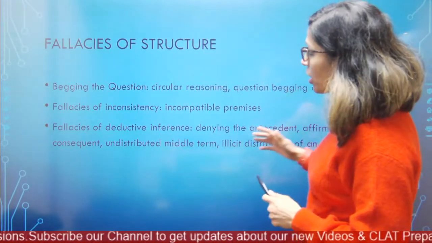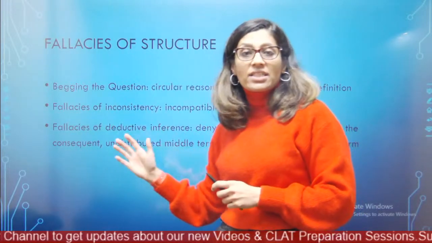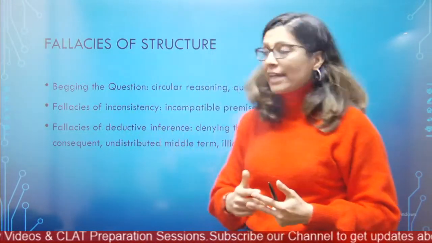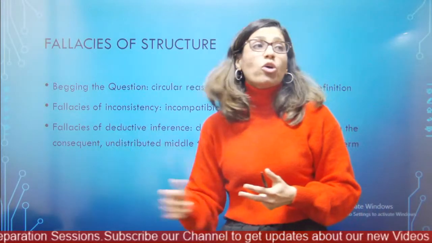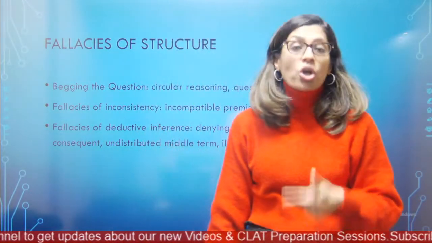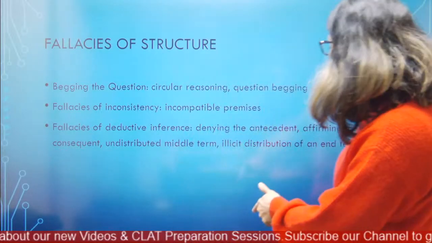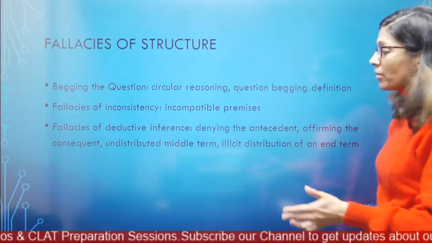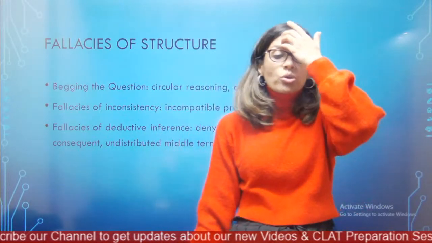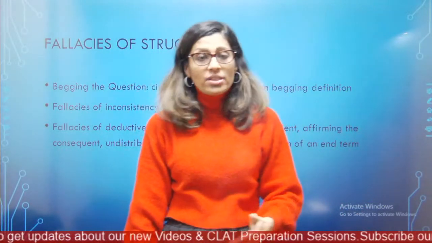Question begging definition, fallacies of inconsistency, incompatible premises, the two premises that don't go together. And then we also studied some formal fallacies of deductive logic and conditional logic, denying the antecedent, affirming the consequent, right? The names are not important, but you should be in a position to identify these questions.